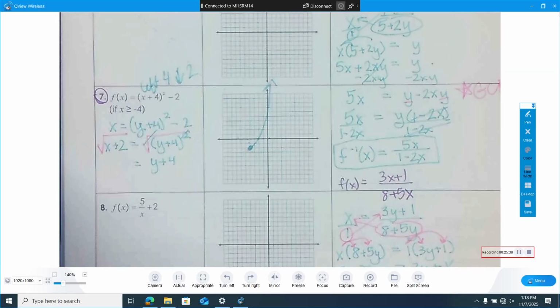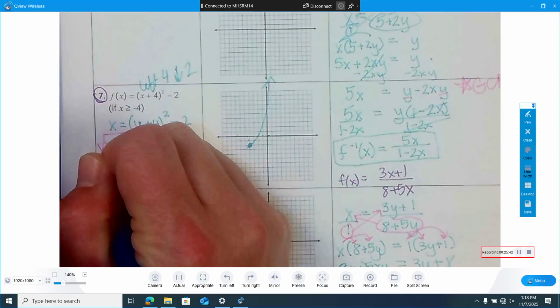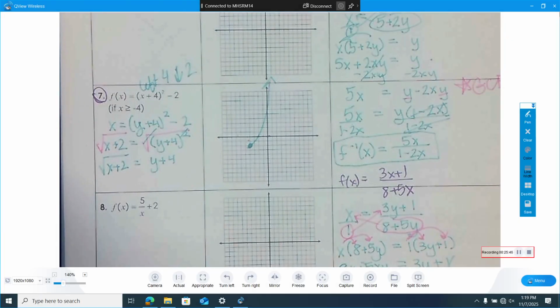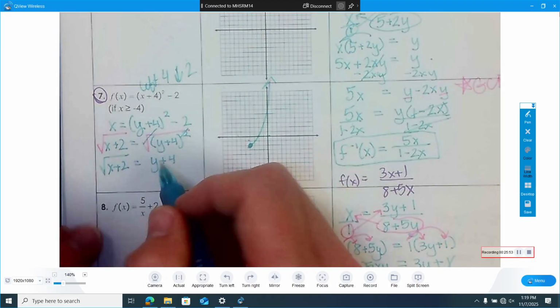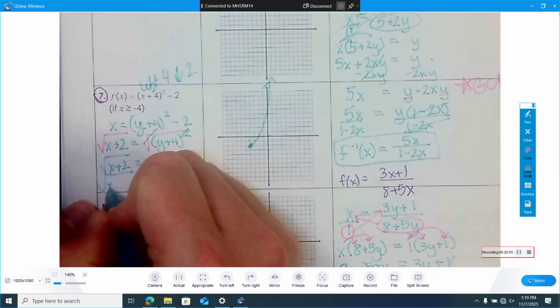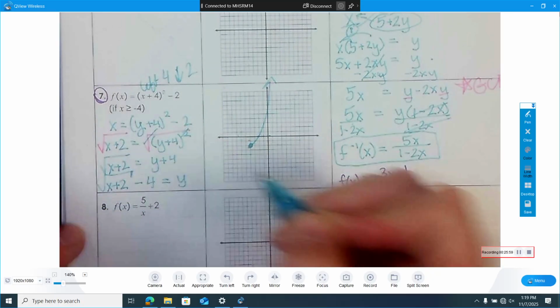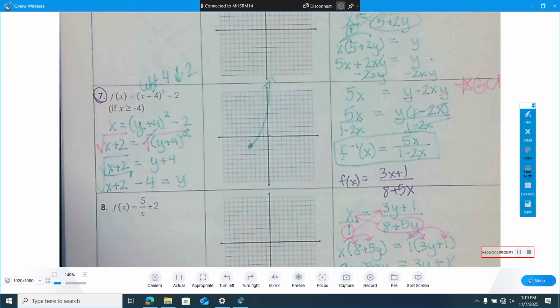So we don't actually have to worry about it, which is kind of nice. All right, so we have the square root of x plus 2. I cannot clean that up. There's a plus in there. You cannot simplify a square root with a plus in it most of the time. Subtract 4. So we get the square root of x plus 2, subtract 4, and that's on the outside of our square root, so be a little bit careful there.